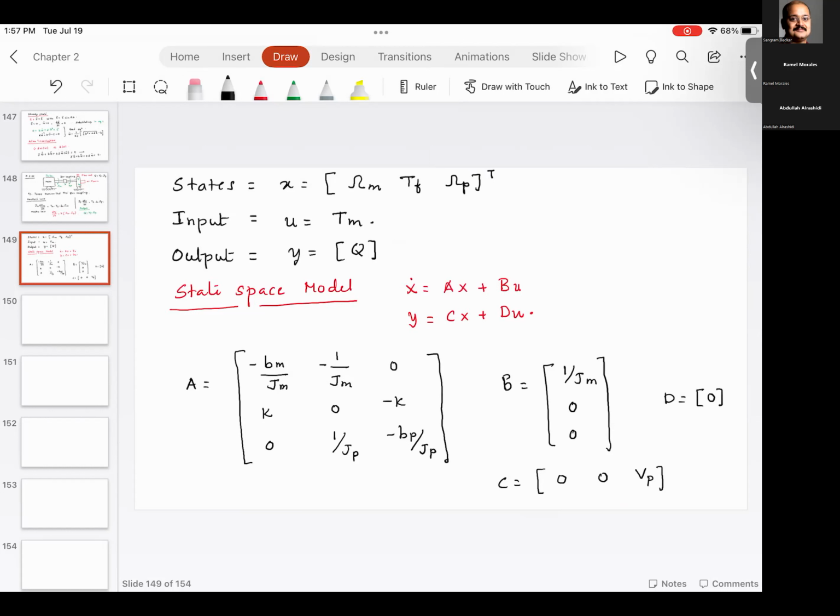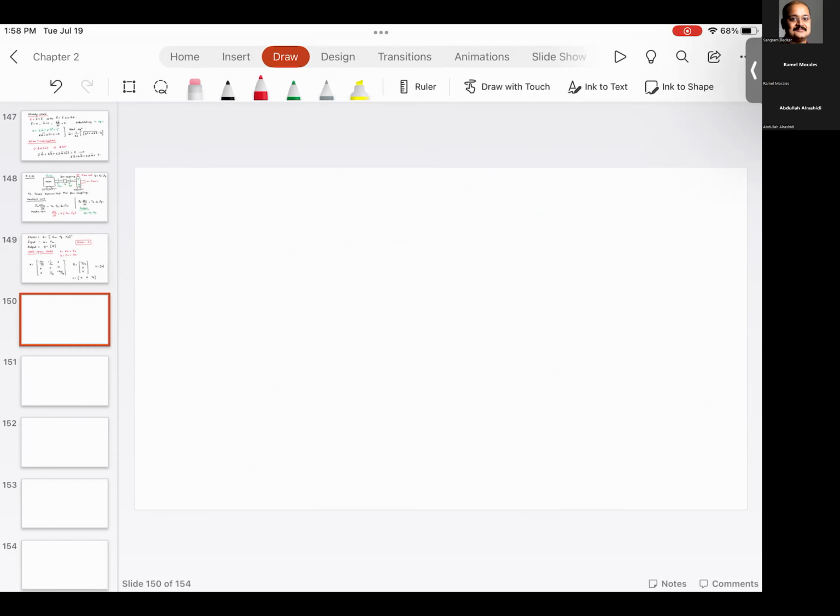Now, one quick thing I want to mention is these three equations are three first order equations. So the order of the system is 3 because we have three first order equations. Now, if we want to linearize, then we can certainly linearize. So here is the second part of the problem.